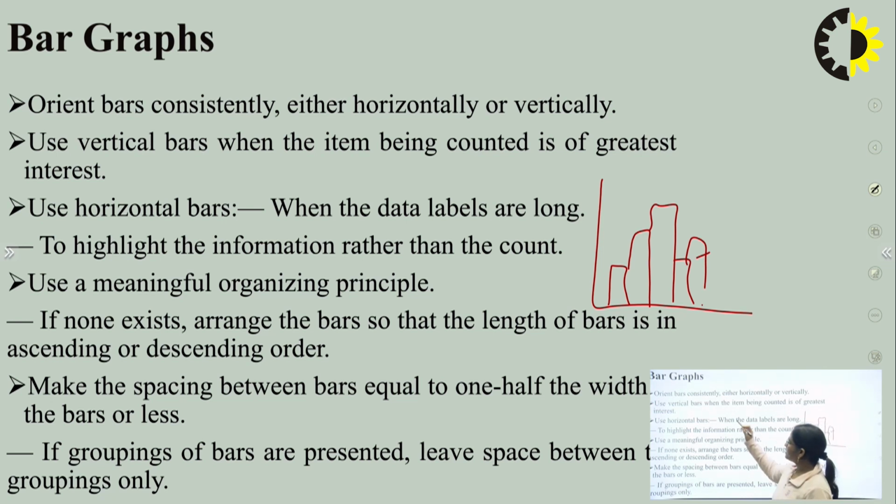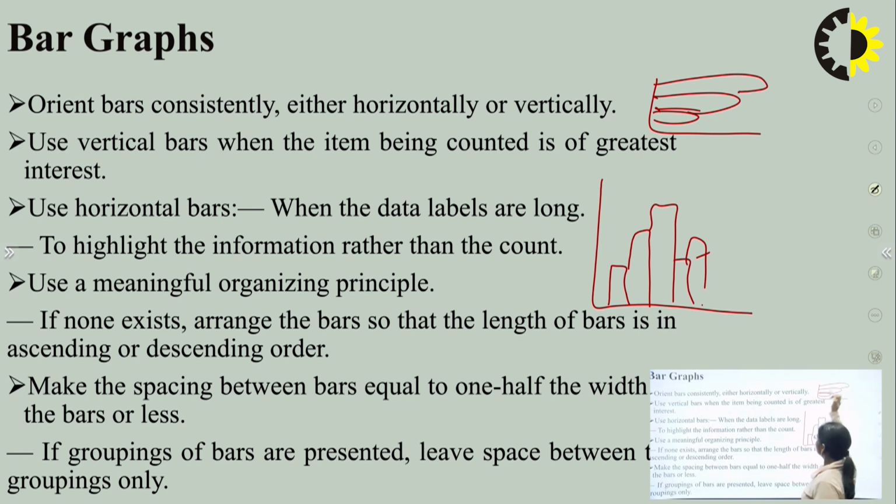Orient bars consistently either horizontally or vertically depending upon our data. We can show it in a horizontal way or in a vertical way. Okay, we can show our data both ways. Use vertical bars when the item being counted is of great interest.